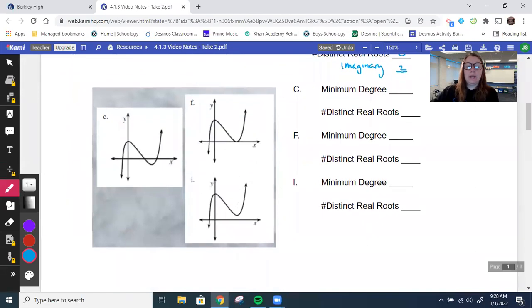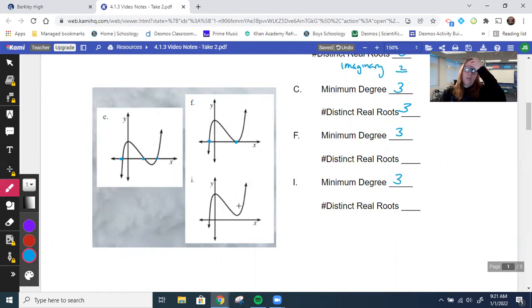All right, and then this last one, when I look at C, okay, and I know that this is cubic, right? We've talked about the shape of a cubic. You got one end up, one end down. So the degree is 3. It's got these 2 turns, and it hits the x-axis 3 times, so 3 distinct roots. In this case, because there's a bounce right here, it's only hitting the x-axis twice. So the degree for all of these is still 3 because same thing, right?